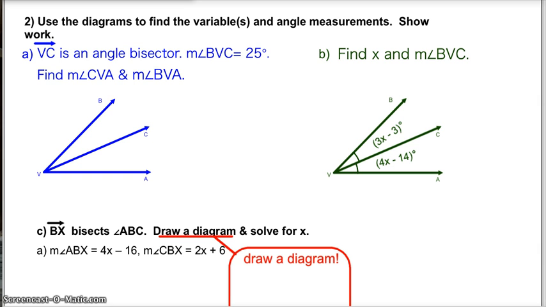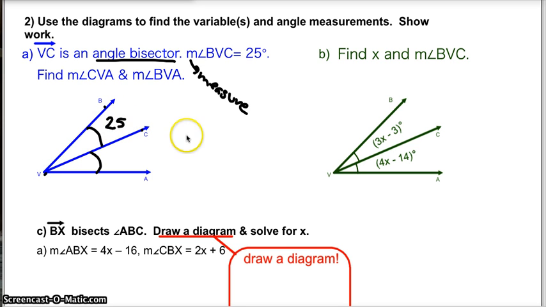It says use the diagrams to find the variables and angle measurements. Show work. So in this first one, it says VC is an angle bisector. Because of the word angle bisector, I know that this portion and this portion must be the same. It says the measure of angle BVC is 25 degrees.